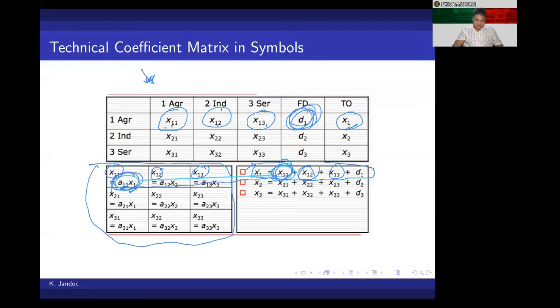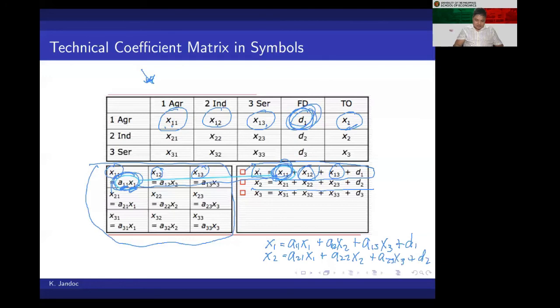So we can write the first equation as X1 equal to A11 X1 plus A12 times X2 plus A13 times X3 plus D1. Okay, the second equation over here we can write as X2 is equal to A21 X1 plus A22 X2 plus A23 X3 plus D2.